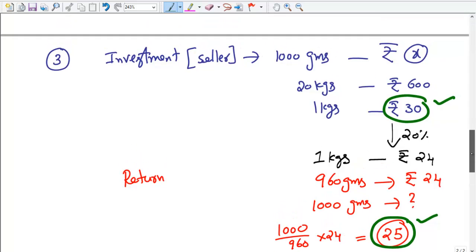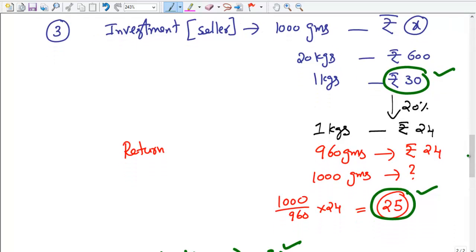Do you remember? Should we really use, do observe it closely, should we really consider per kilogram price here, which is given as 30 rupees? No, we need not.